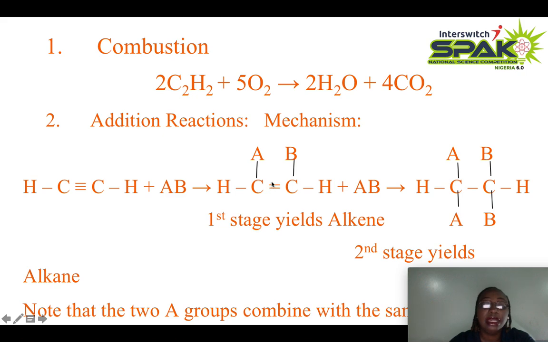You can see it has lost one of the bonds there, and AB splits into two. A comes to the first carbon, and B comes to the second carbon. Further reaction will yield an alkane. You can see that all the multiple bonds have disappeared, so the unsaturated compound becomes saturated.